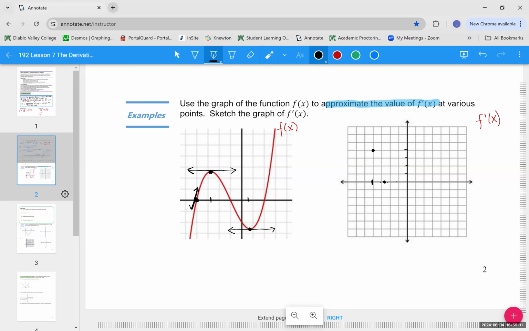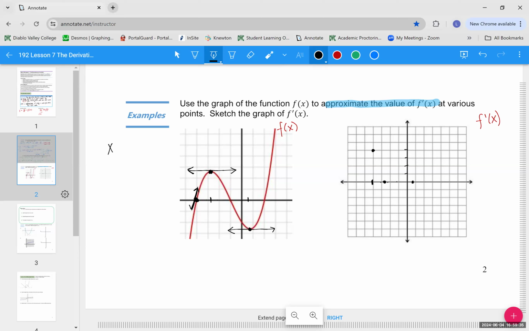So I'm going to draw a dot on my derivative graph where the derivative is 0 at x equals negative 2.8. And the other one over here is a little bit more than a half. So I'm going to come over here to a little bit more than a half, and it's also going to be a place where my derivative is 0.